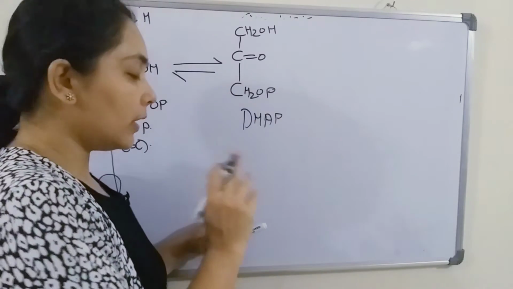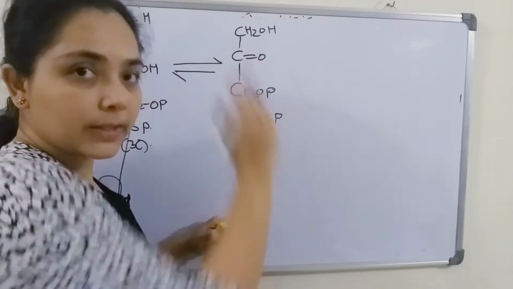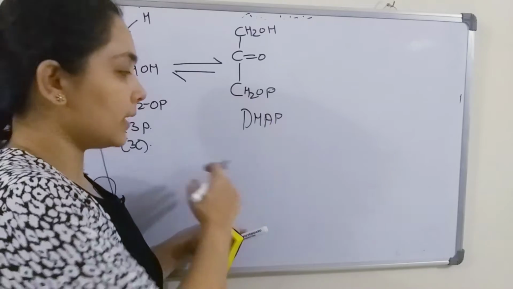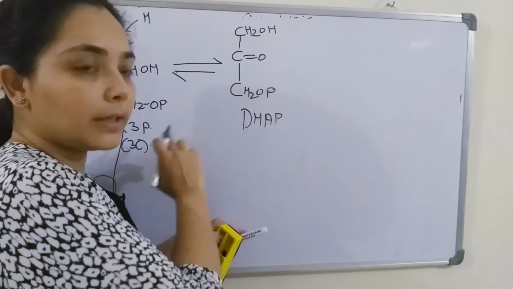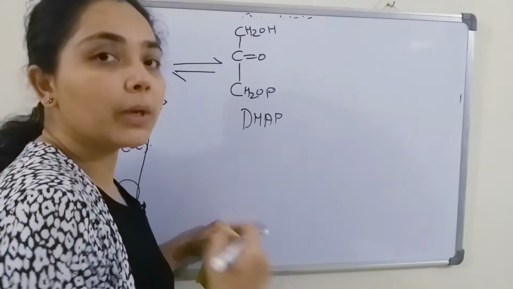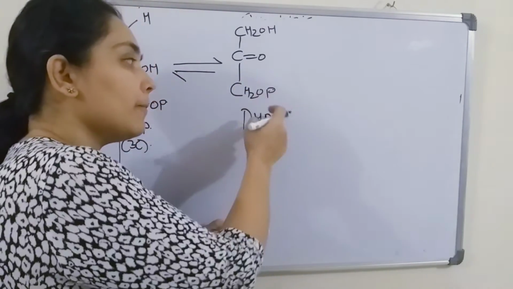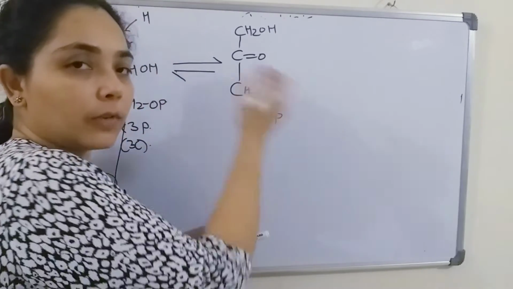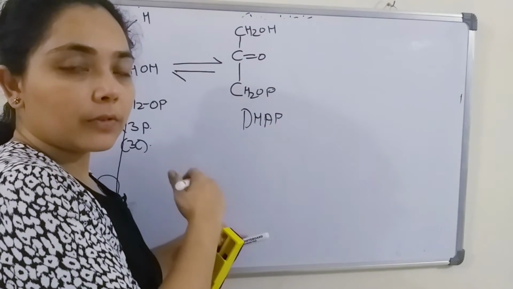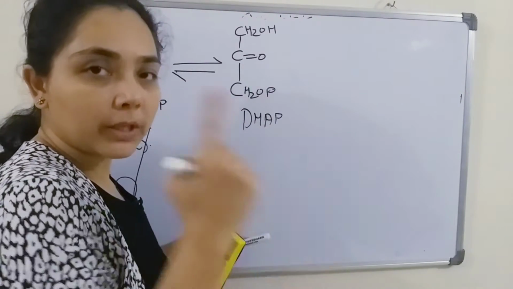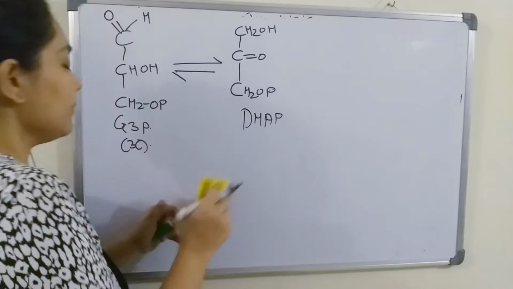So we will consider only one complete step, that is conversion of glyceraldehyde 3-phosphate to pyruvate, and then we will multiply it by 2, because this will also convert to glyceraldehyde 3-phosphate. Therefore, whatever product we get, we will multiply by 2.